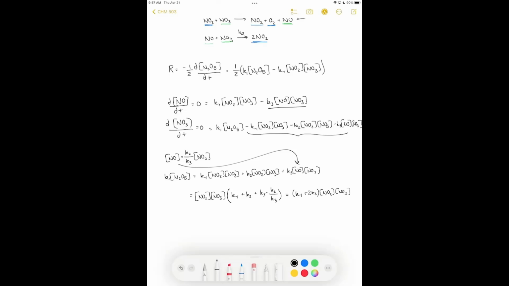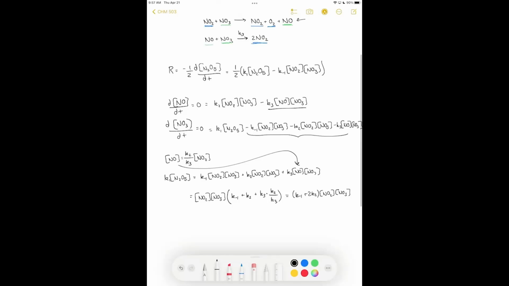So now we have another expression for what NO2 times NO3 is. If we divide both sides of this equation by K minus 1 plus 2K2, we find that the concentration of NO2 times the concentration of NO3 is equal to K1 divided by K minus 1 plus 2K2 times the concentration of N2O5.